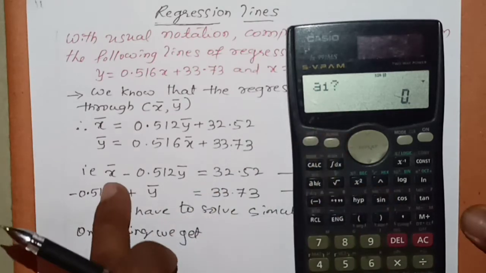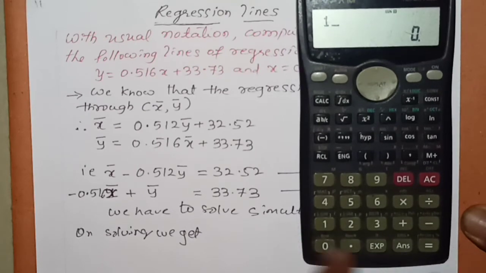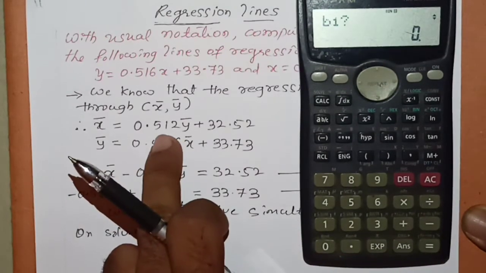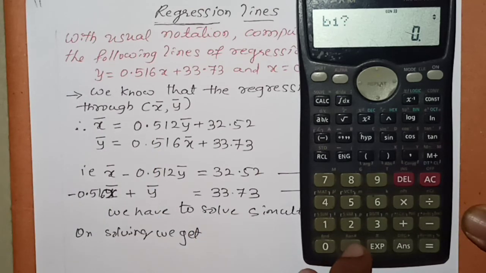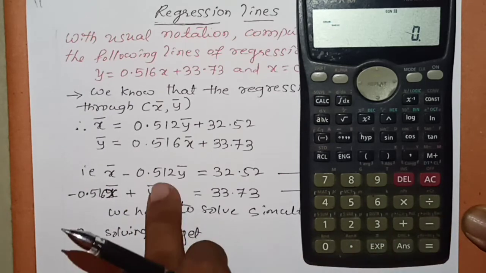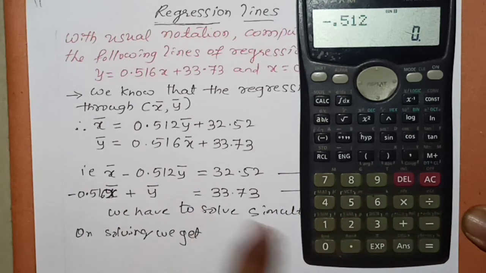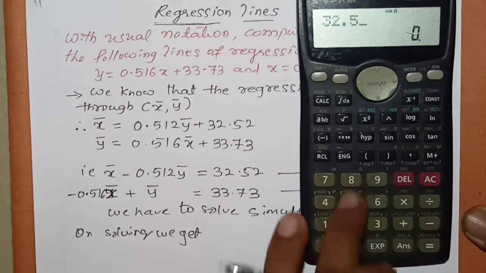Next press A1. A1 is 1x, so it is 1. Next press equal to symbol. Next B1 is minus 0.512, equals to, next C1 constant, it is 32.52.